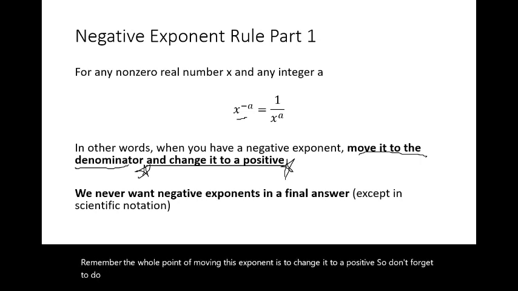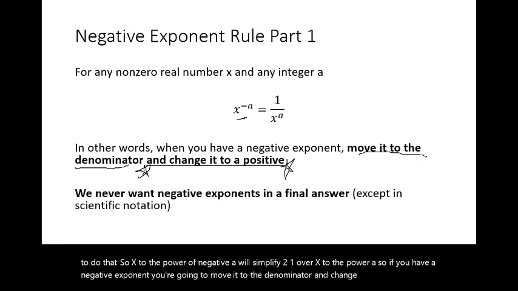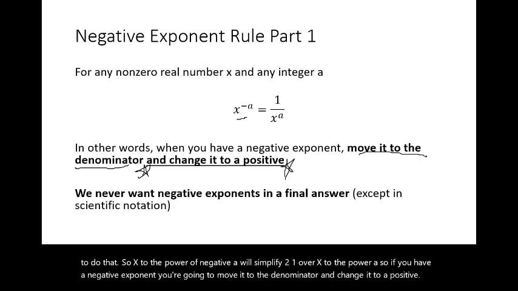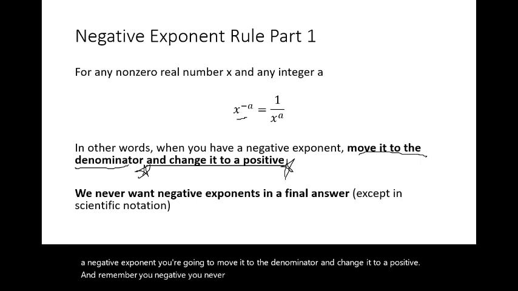So x to the power of negative a will simplify to 1 over x to the power a. So if you have a negative exponent, you're going to move it to the denominator and change it to a positive. And remember, you never want negative exponents in a final answer, except in the context of scientific notation.